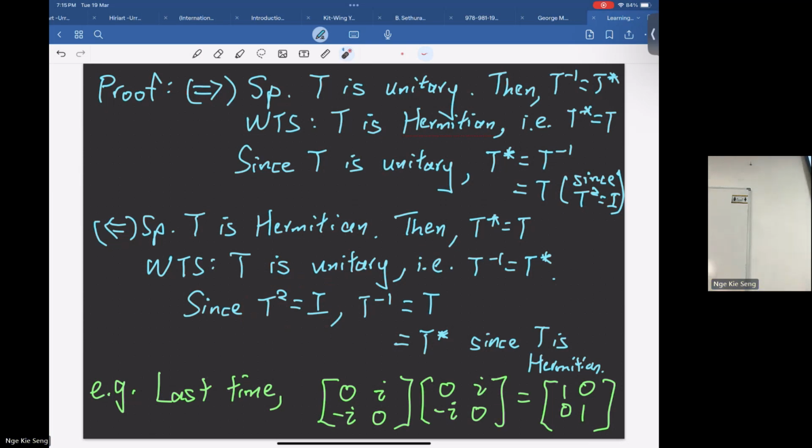T is the thing that makes T into identity from both sides, in other words, it's a left inverse and a right inverse. So the existence is given by T squared equals identity. Make sense? Any question before we go to the next part?